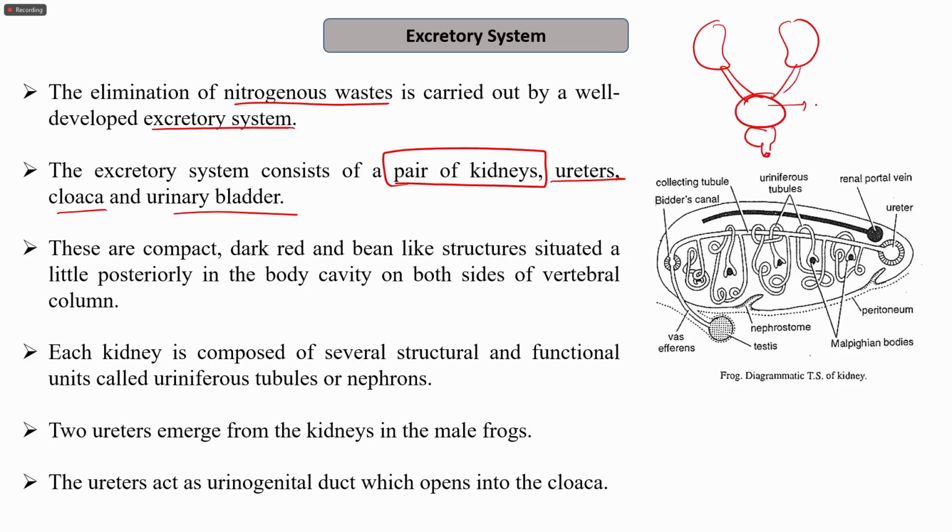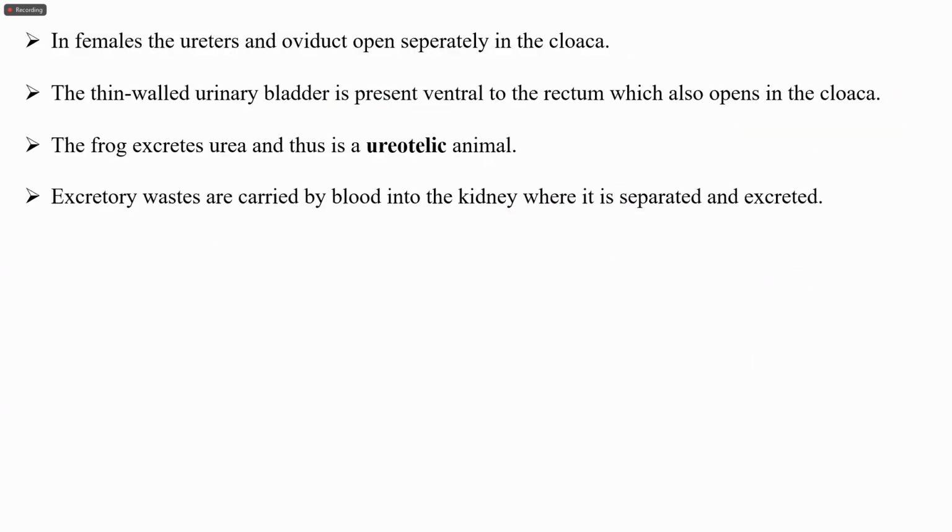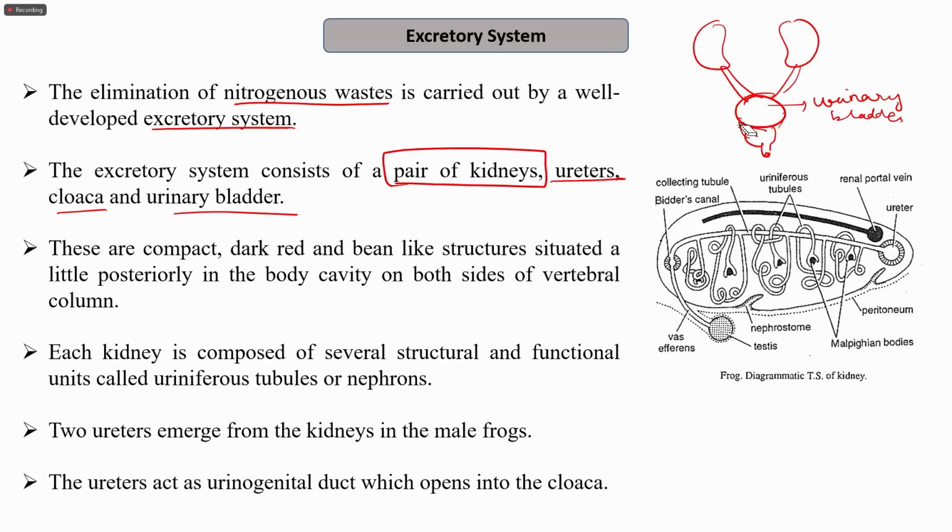This is just a representative diagram. We have a urinary bladder and that opens through the cloaca. A pair of kidneys is present. We have the ureter, which is the tube-like structure.